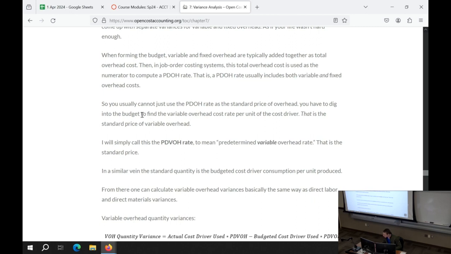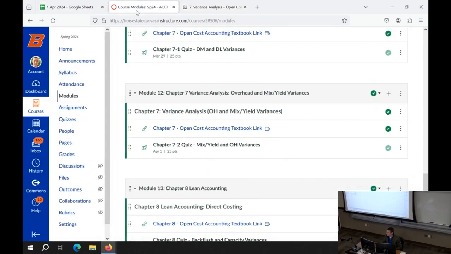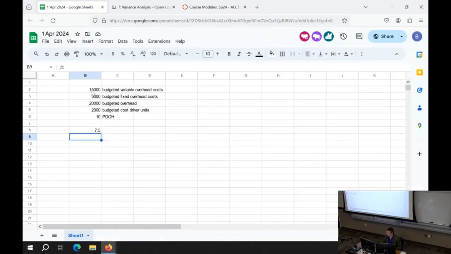We're going to find the variable overhead cost per unit of the cost driver. As a result of that, we have budgeted variable costs over budgeted units of the cost driver, and that should be our PDVOH. Problems will typically give you this or have some way that you can feasibly calculate it.